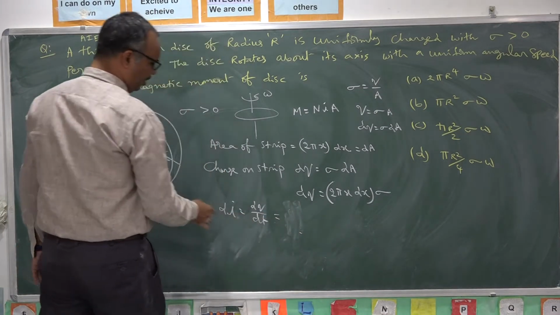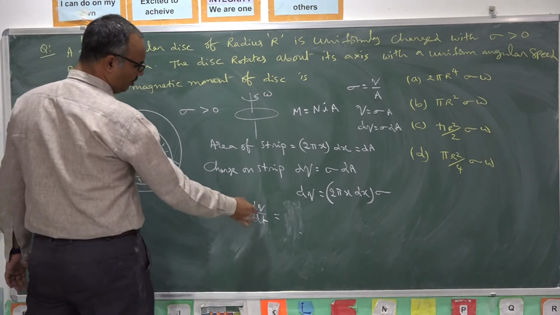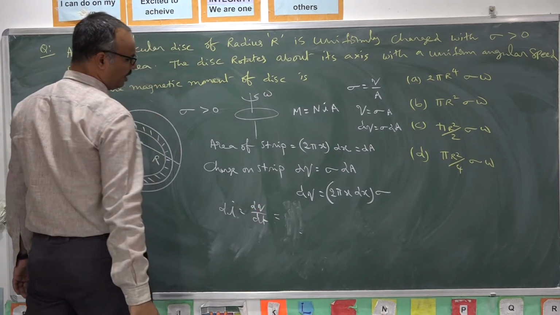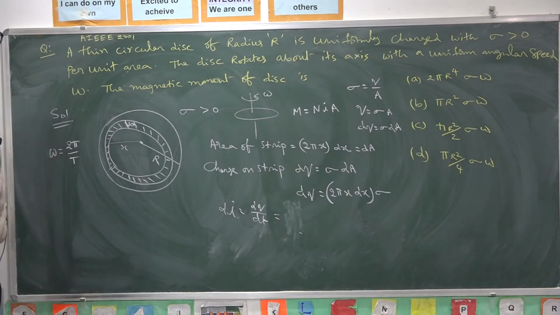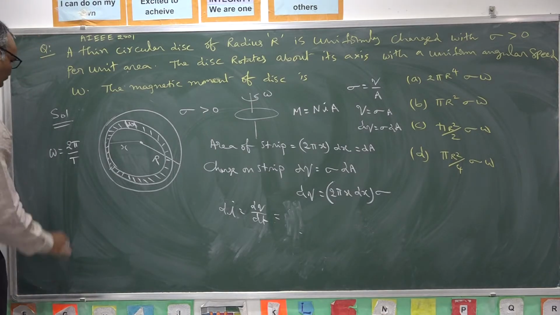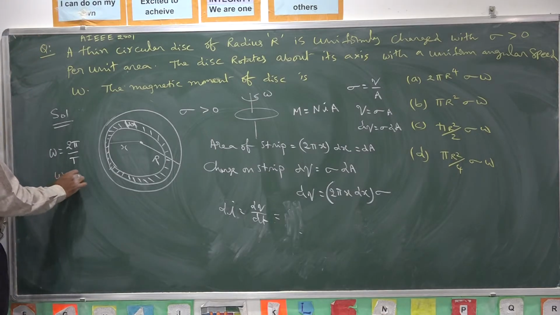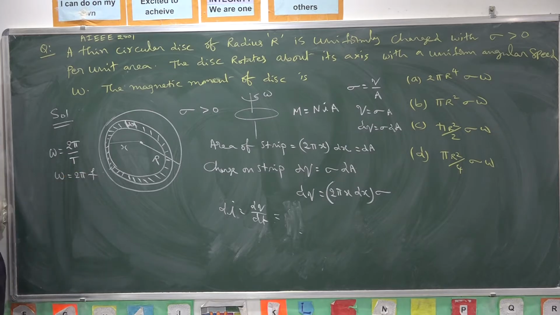The small current which is passing is given by the charge flowing by time taken. We know that omega is equal to 2 pi by T. 1 by time period is called frequency. So omega is equal to 2 pi f.